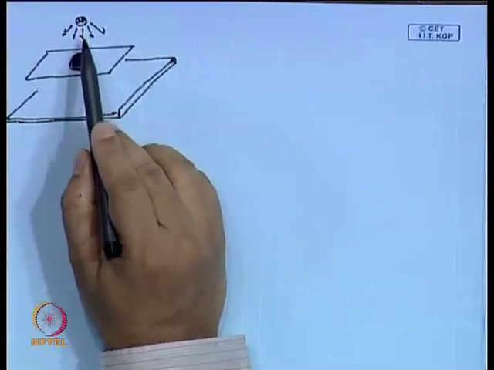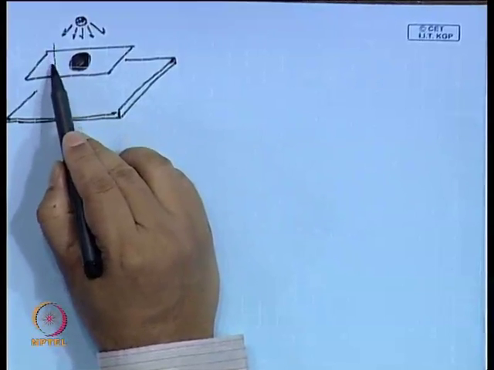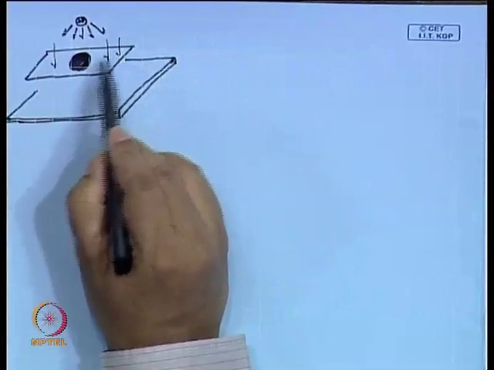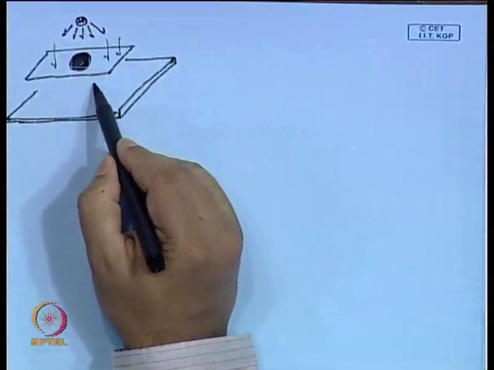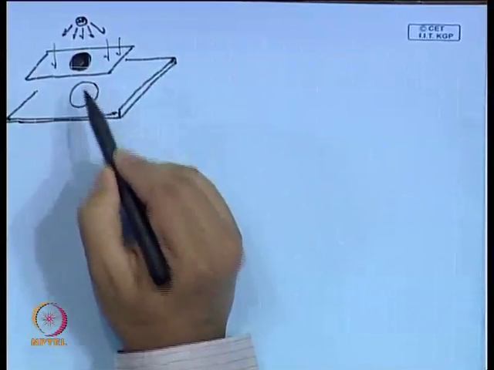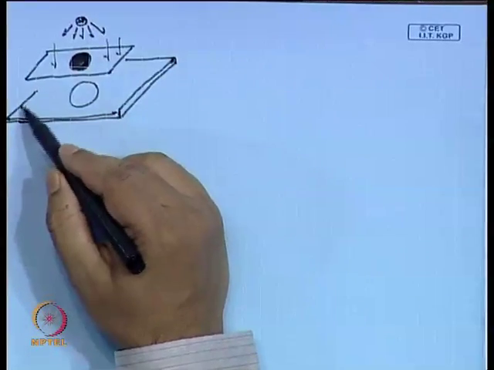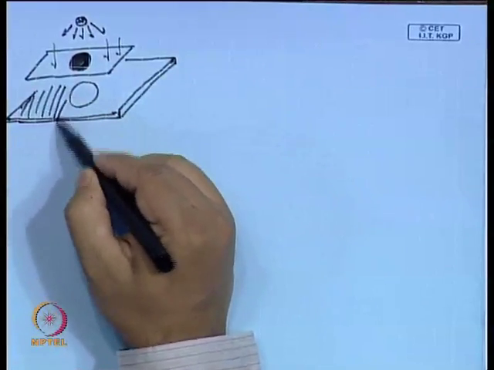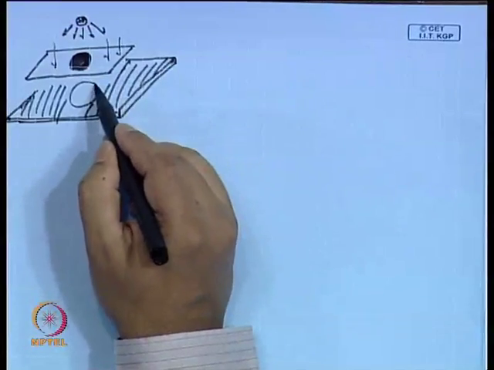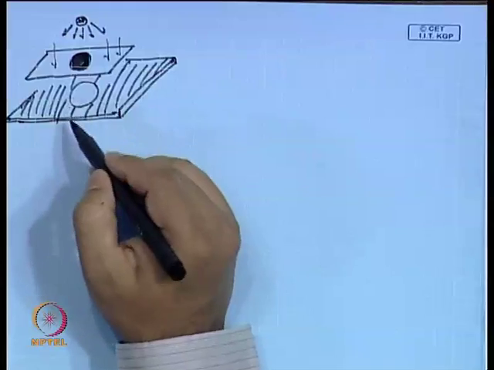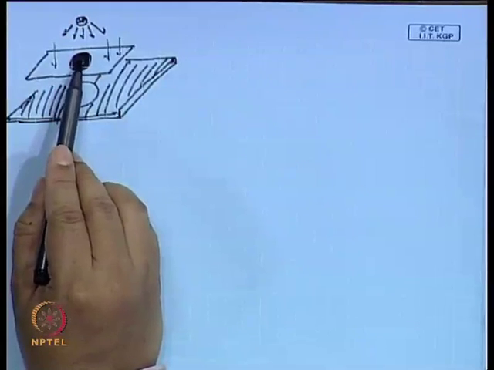Now, as the light comes there, light can go through this part of the mask, but not through this circular portion. So, you will see a pattern on the substrate. That means, these portions would be exposed to light. However, this portion will remain unexposed because of this pattern.